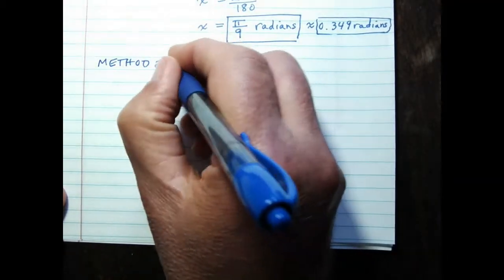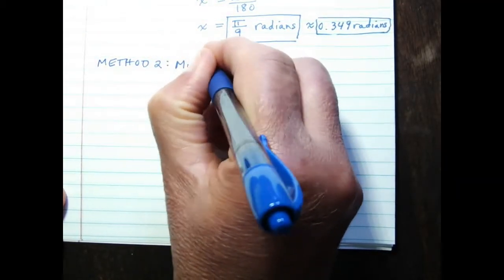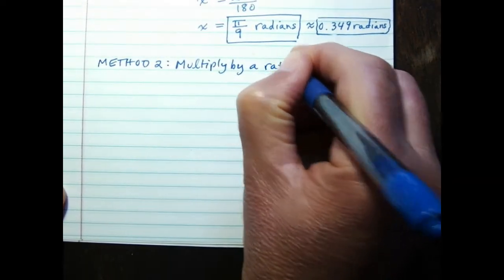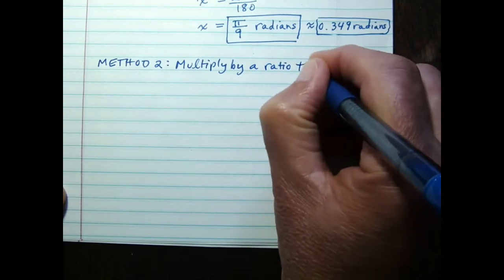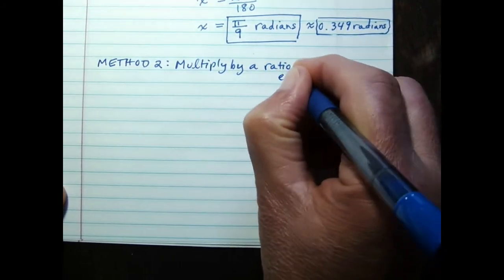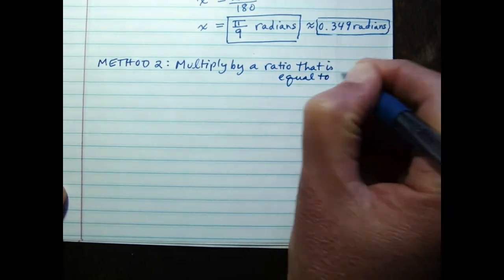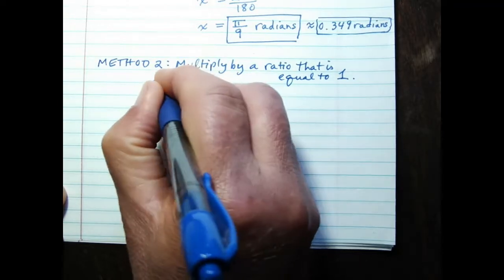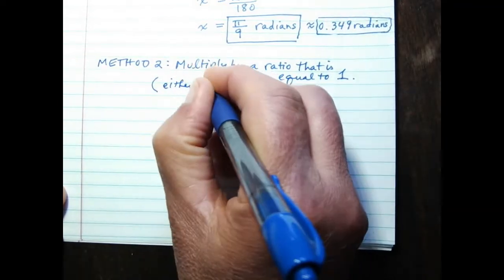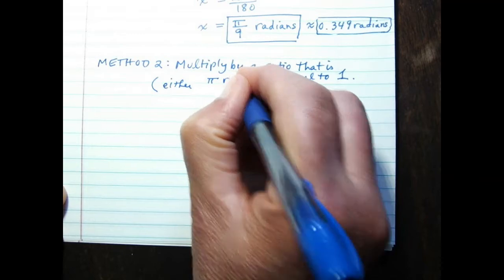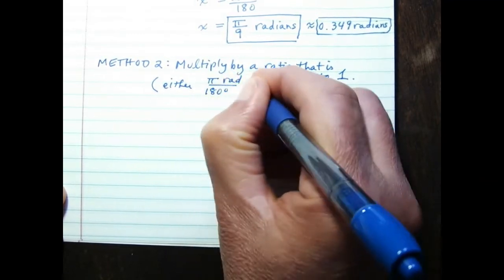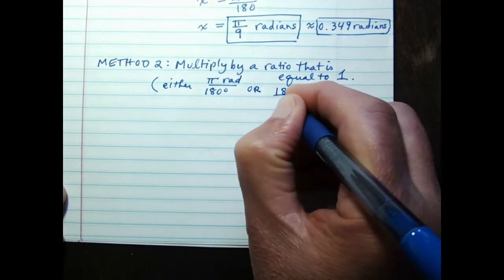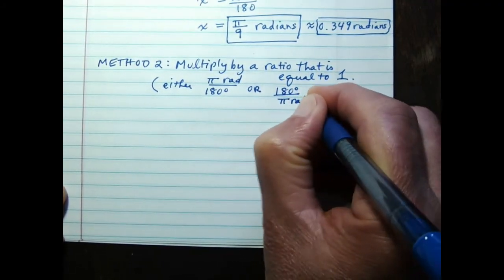Method 2 involves multiplying by a ratio that is equal to 1. And it's going to be either pi radians over 180 degrees or 180 degrees over pi radians.